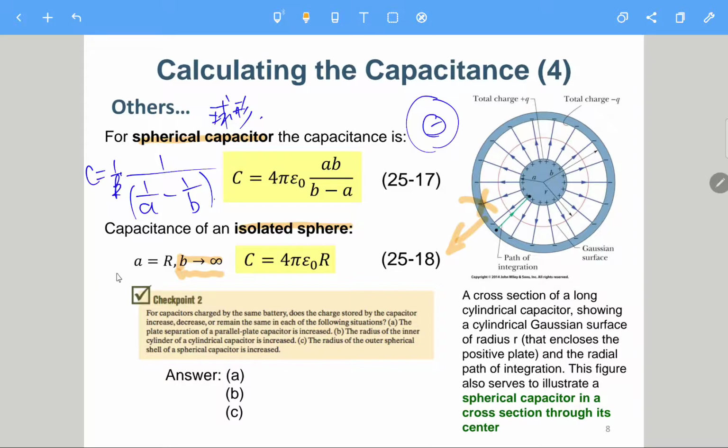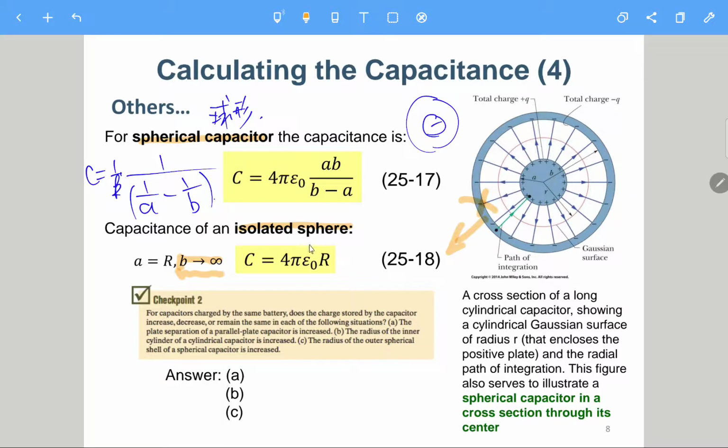And then we let A be capital R, so that this expression will be very neat. It will be nothing but 4 pi epsilon naught R. So it is only proportional to the radius of the sphere. And this really makes sense because if you make R larger, you increase the surface area of the capacitor.